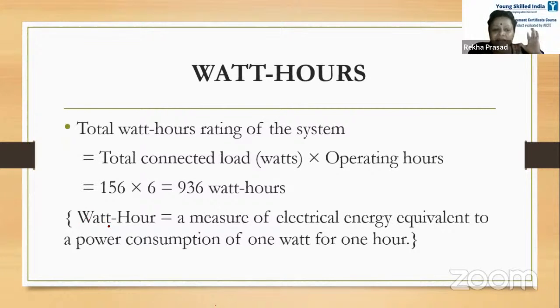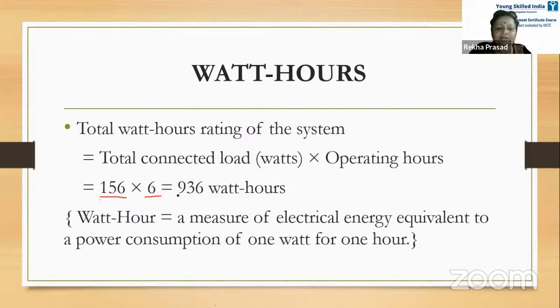So it is 156 into 6, and the total is 936 watt hours. Now, if you want to make it 4 CFLs, 5 CFLs, or some other equipment, you just keep on adding them. This is just a simple example with only 2 things, CFL and fan.